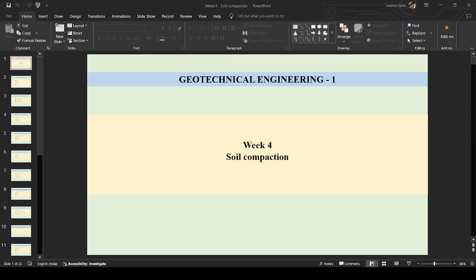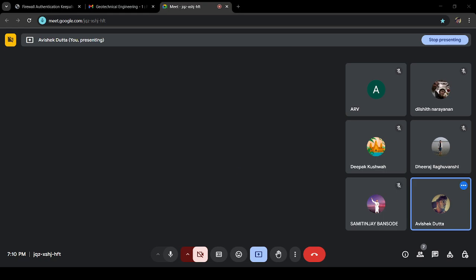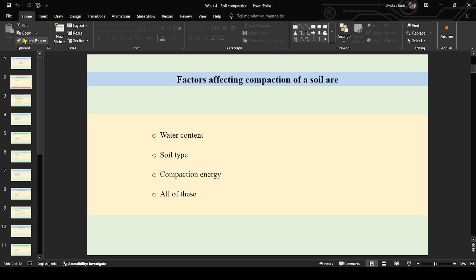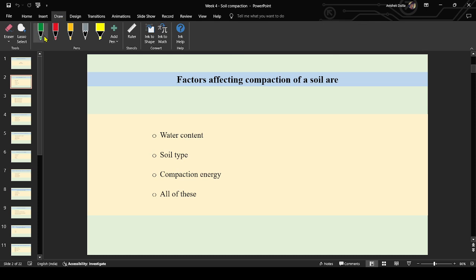All right. So the first question was factors. Okay, yes. Factors affecting compaction of a soil are. What is the answer of this question?